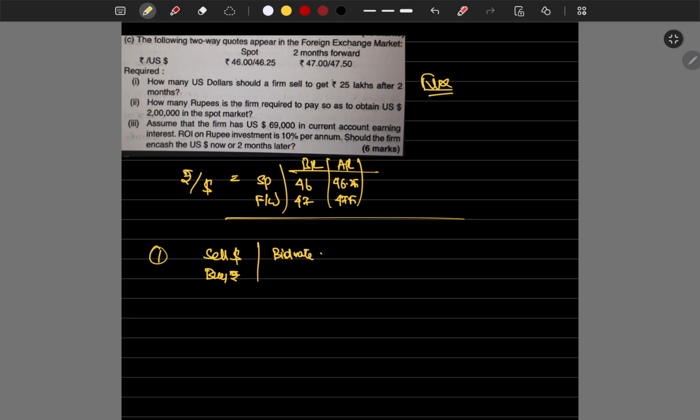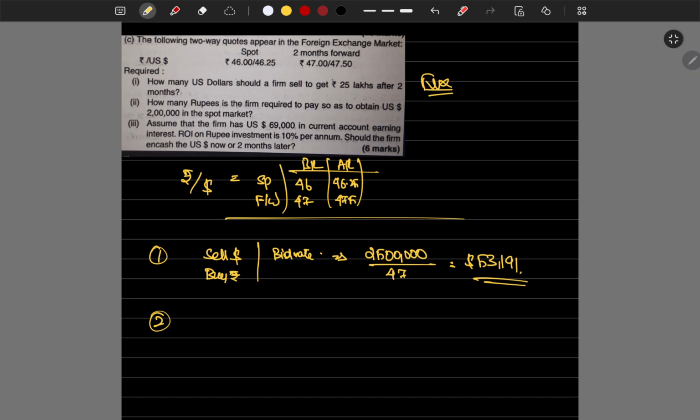Bid rate after 2 months, then 25 lakhs divided by bid rate 47, 53,191 dollars they will be getting after 2 months.